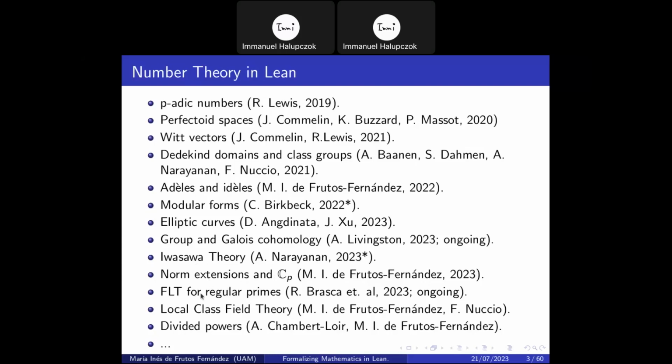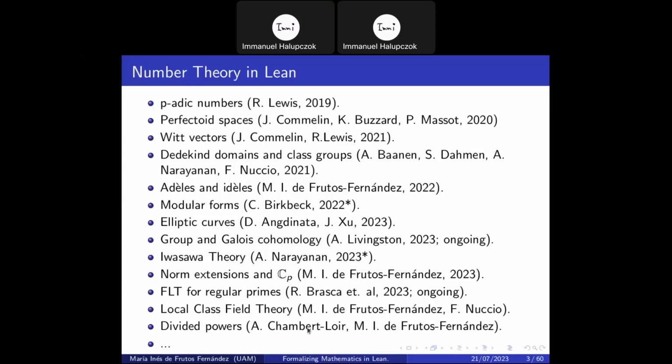There's an ongoing project to formalize Fermat's last theorem in the case of regular primes. And yeah, these are two of my ongoing projects. So with Filippo Nuccio, I'm working on formalizing a proof of local class field theory. So this is a longer term project. So far we have defined local fields and we have developed some of the theory of local fields and fields with a discrete valuation.